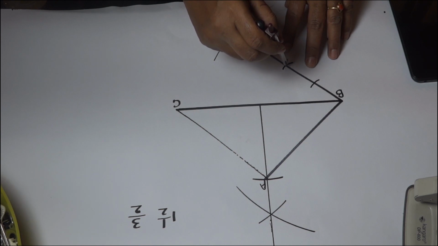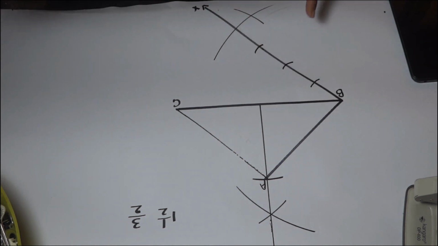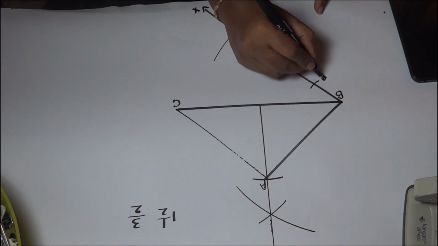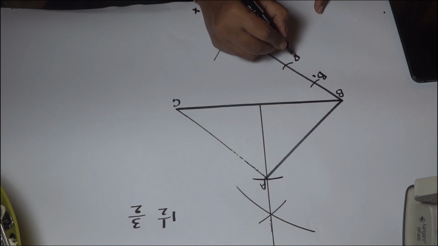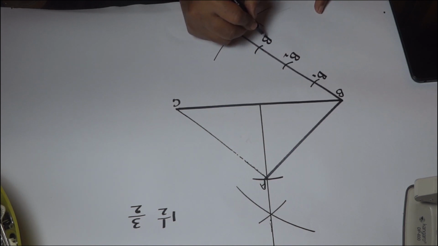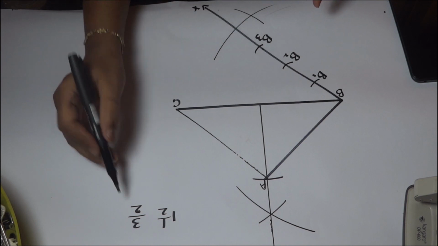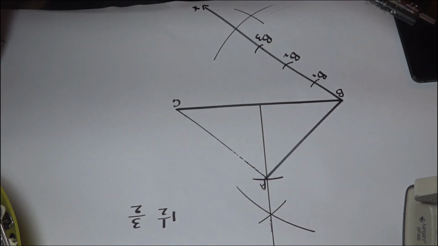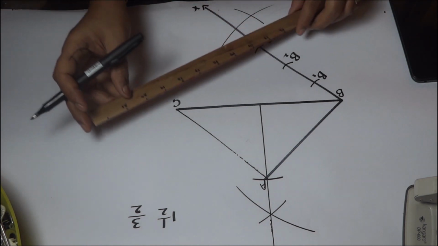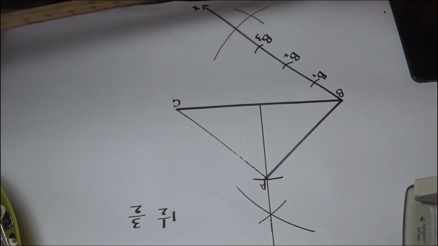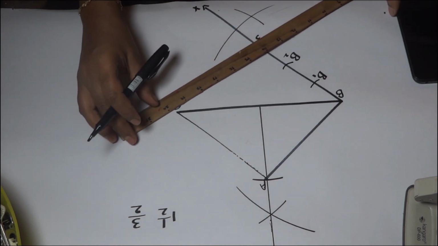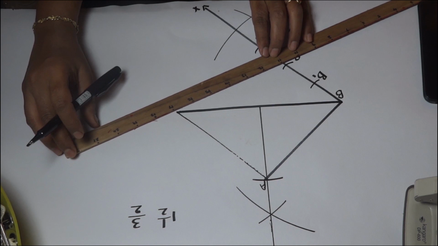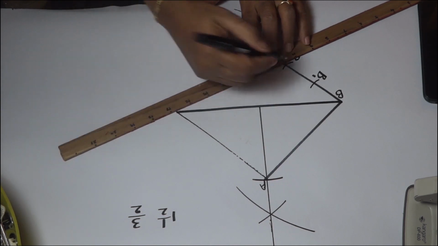Let us name these marks as B1, B2 and B3. Now focus on the denominator as it is 2. It means we have to join the second point or second mark on the ray to this end point of the line segment BC like this.